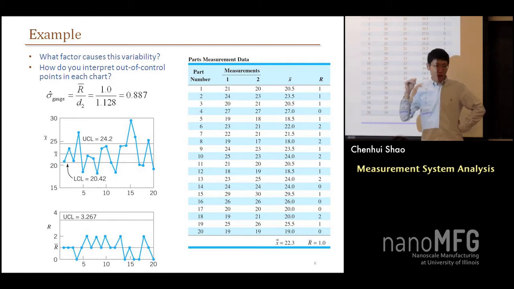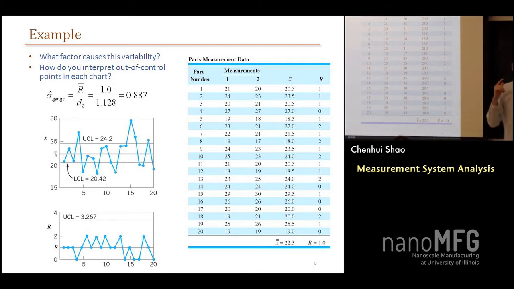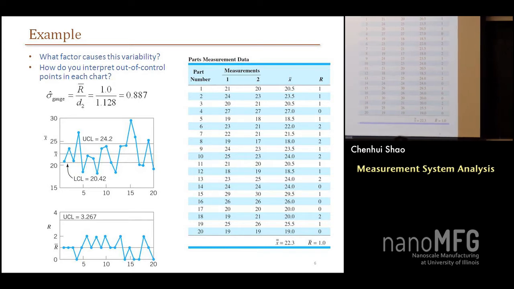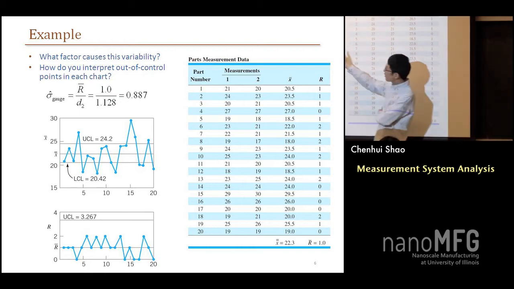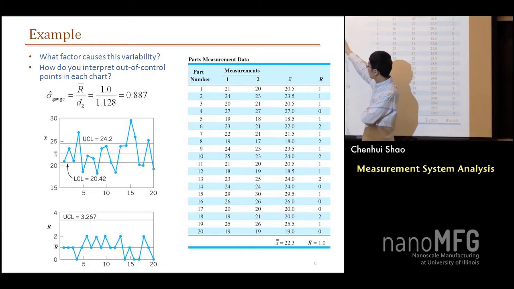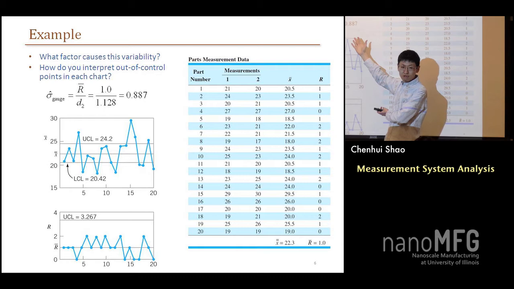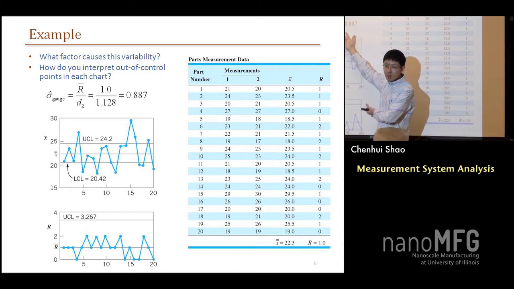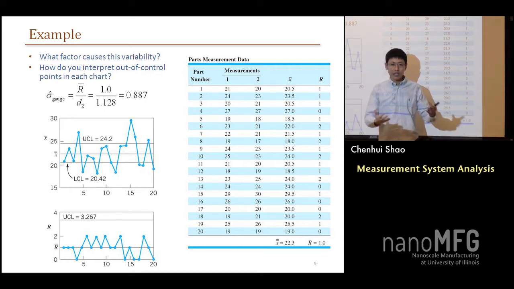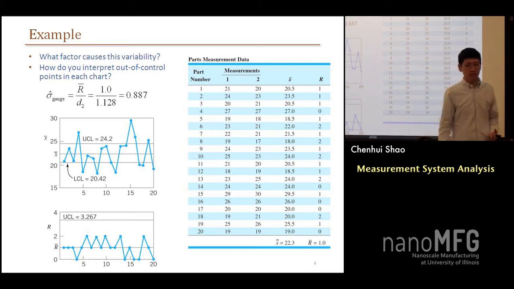What does that tell you? For each measurement, you may have a 10% error. That's huge, right? But if I do this estimation, the sigma hat is only 0.887. Is this number small enough to give you confidence in the gauge? Do you feel confident in this gauge?